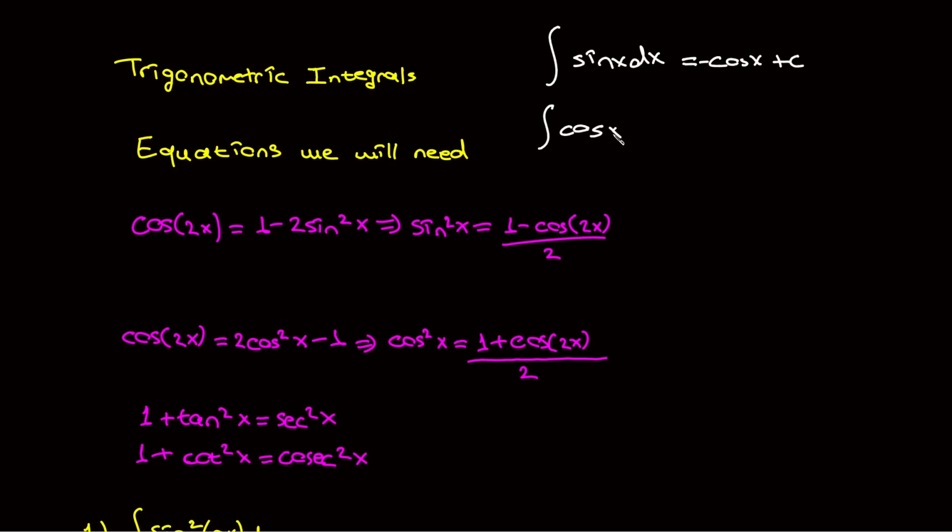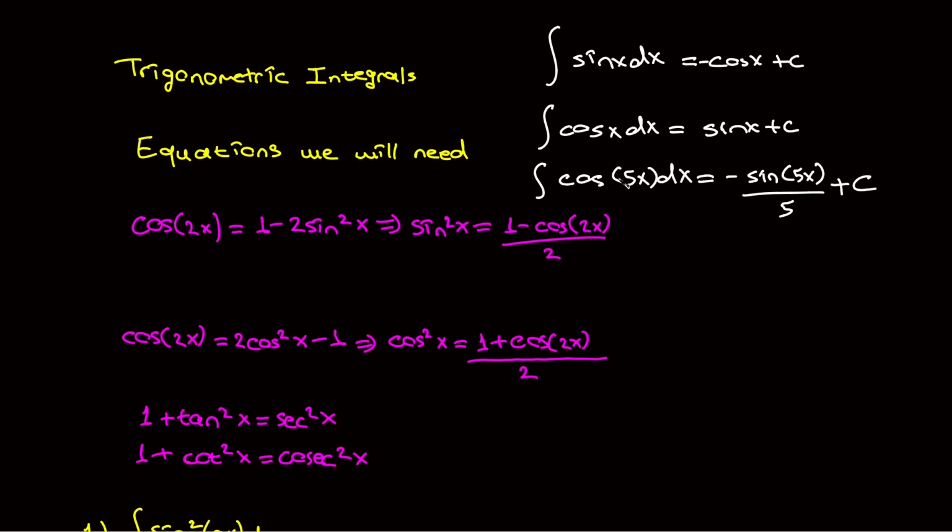Or the integral of cosine of x dx is equal to sine of x plus c. Or the integral of cosine of 5x dx is equal to sine of 5x over 5 plus c, because I'm asking myself which function, when I differentiate it, gives me the integrand. And that is my answer, obviously.